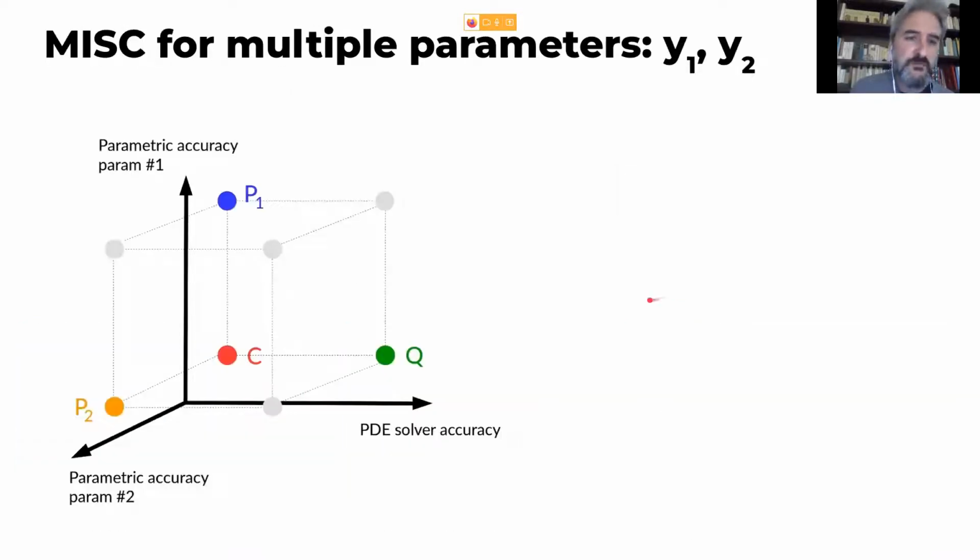Of course, the game easily extends if you have multiple parameters. Like in our case, we have 2 parameters. So you could choose whether to increase the parametric sampling along parameter 1 or parameter 2.